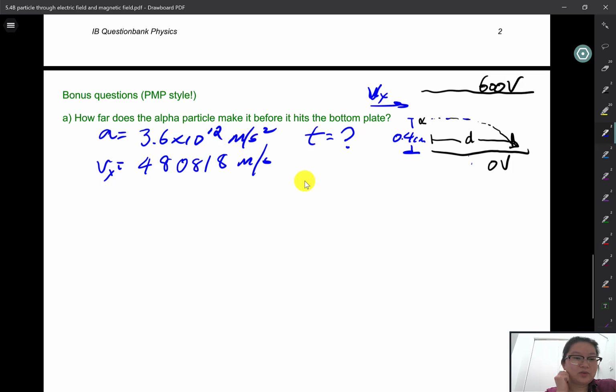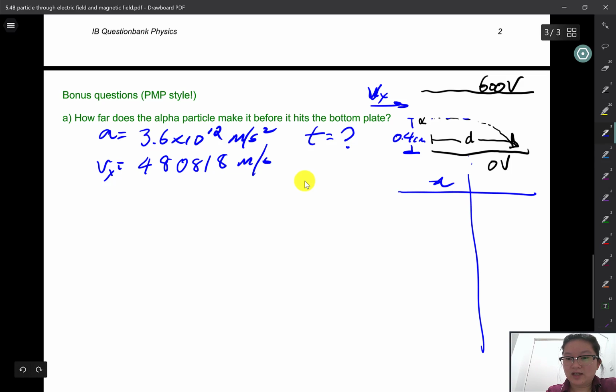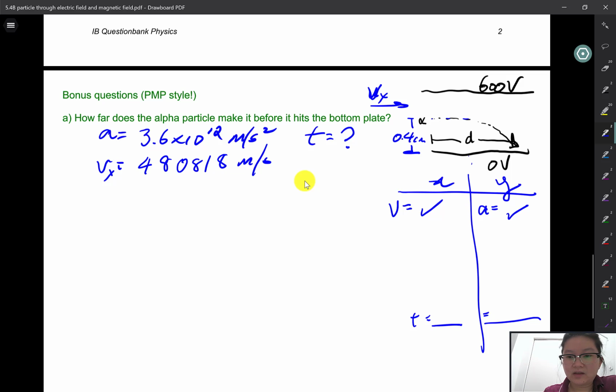Since this is like a 2D projectile motion question, let's set it up like one, with the x coordinates and the y coordinates. The y coordinates we know already, which is given. I'm just going to put a check mark so I don't have to write it again. Sorry, I'm a little lazy. And then the horizontal velocity here is also given to us. We don't know the time, and time is often the connecting factor between the two directions.